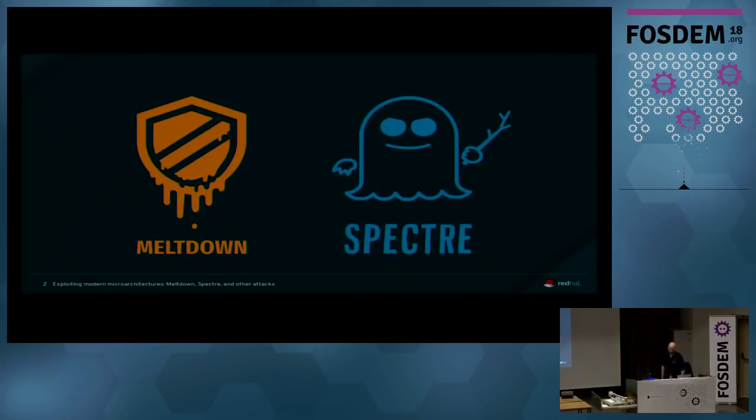Okay, so I would like just to ask a couple of quick questions. Hands up if you have studied or looked at computer architecture in the past. Okay, good. So the first half of this is going to go really quickly. Hands up if you have read the paper or papers relating to the exploits I'm talking about today. It's a good show of hands.